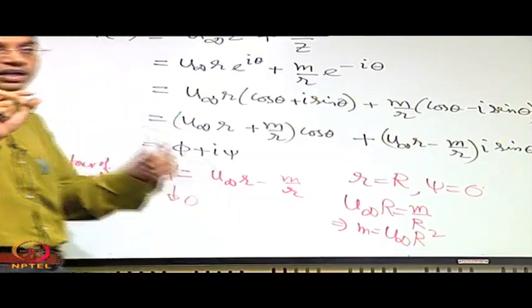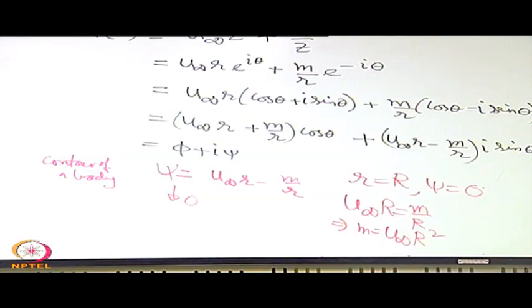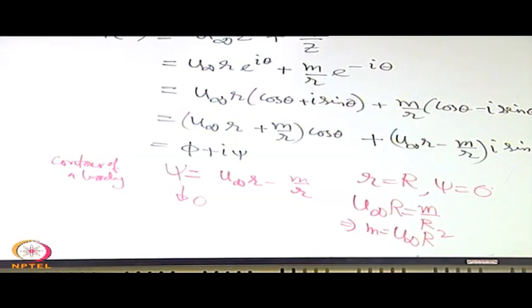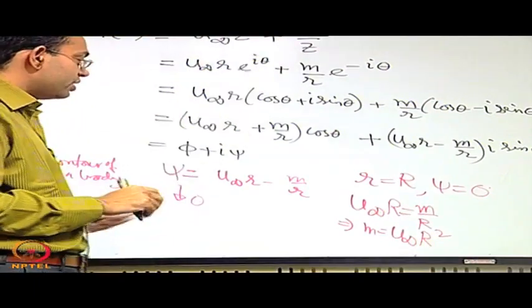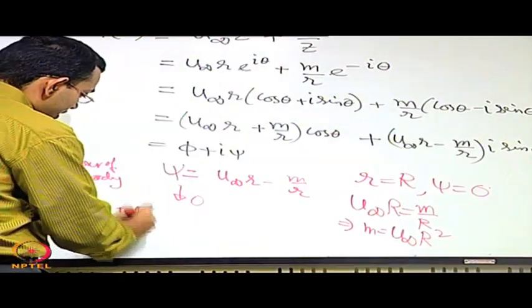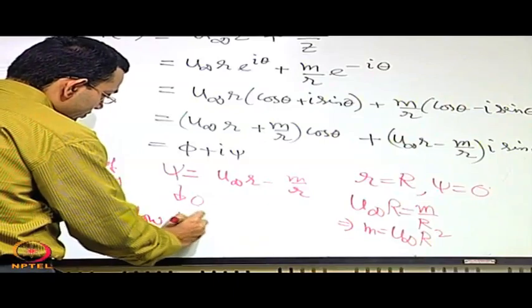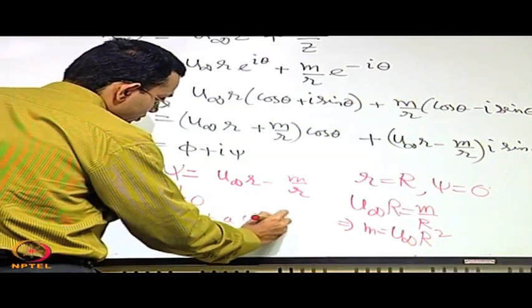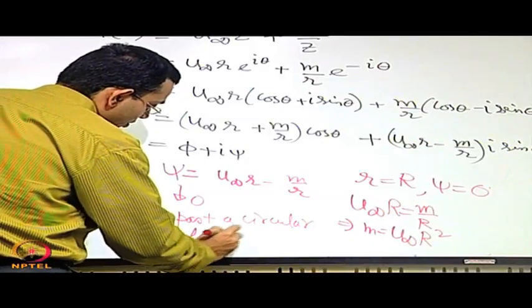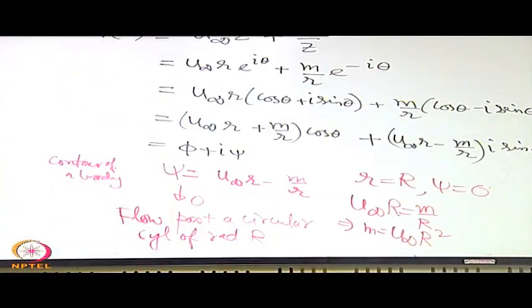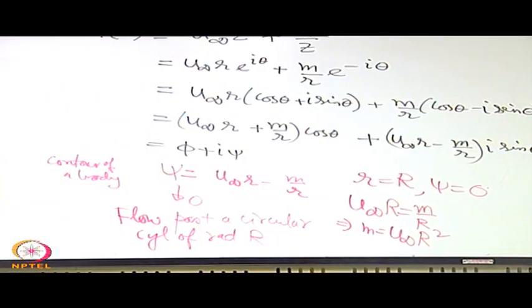So starting from very simple mathematics, we have generated the flow past a circular cylinder by combining a uniform flow with a doublet. So this represents flow past a circular cylinder of radius r.